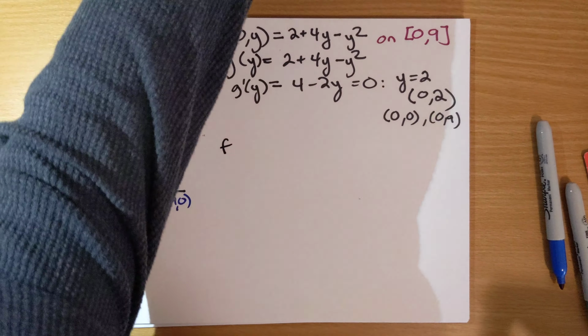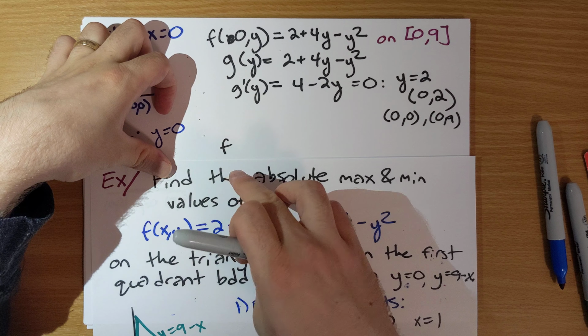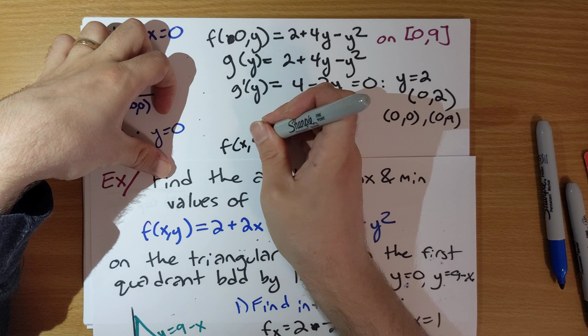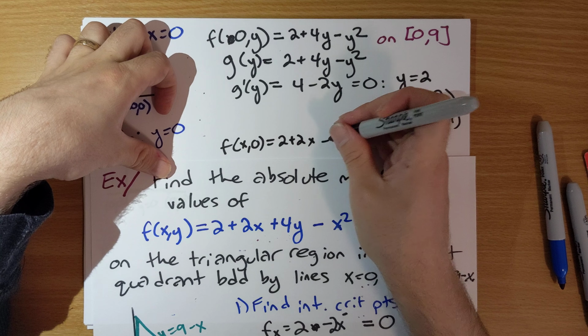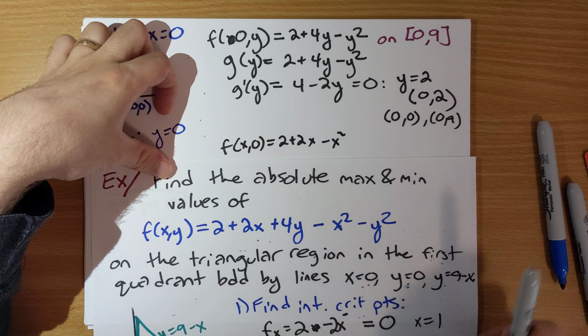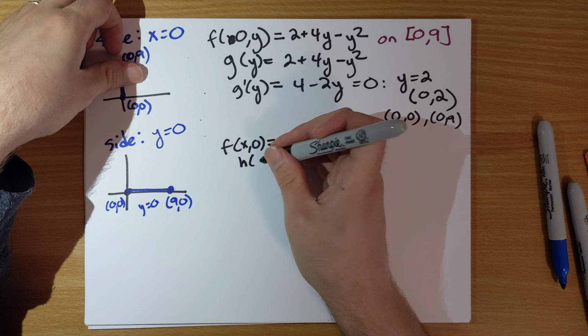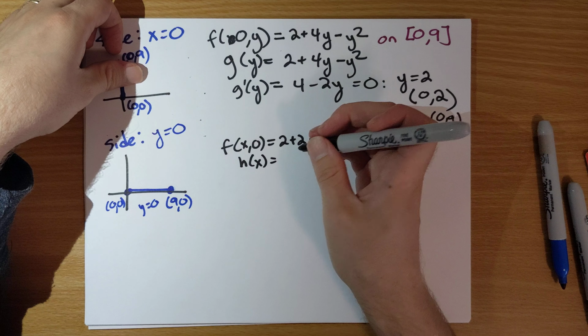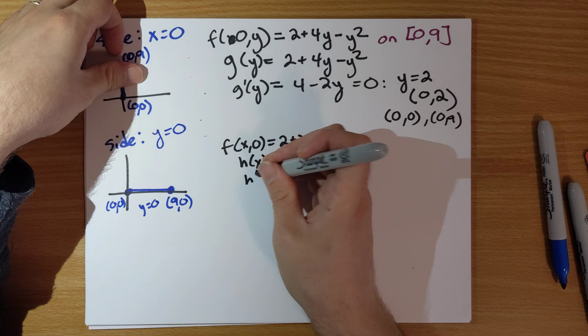So same as before, let's plug in y equal to 0. So f of (x, 0) is 2 plus 2x, that's 0, minus x squared, and that's 0. To emphasize it as a function just of one variable, just of x, I'm going to write h of x is 2 plus 2x minus x squared.